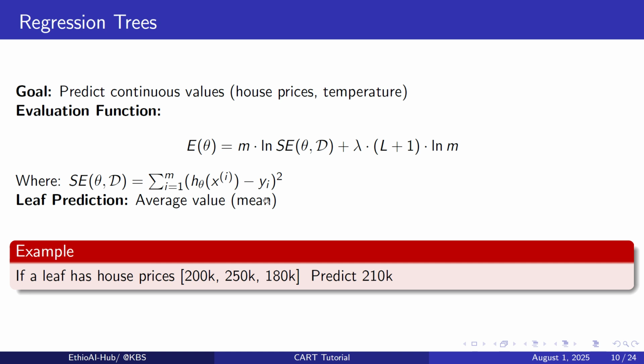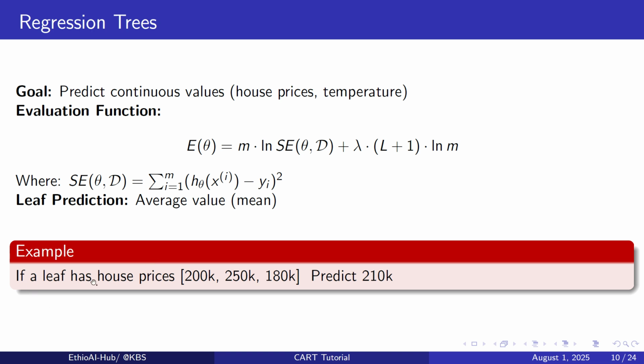In the classification we saw earlier, the leaf prediction is based on proportion, that is, based on the mode value. Here it is based on the mean, the average. So this is the prediction minus the true value, squared, and you sum over the entire input and then you get the value.